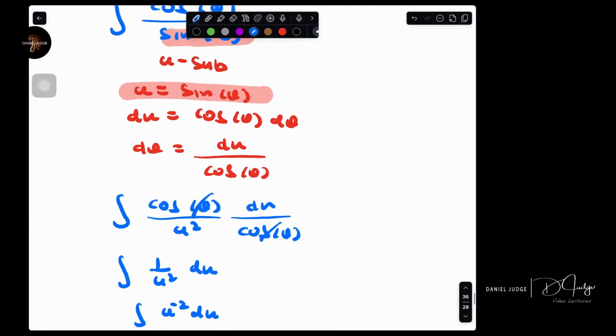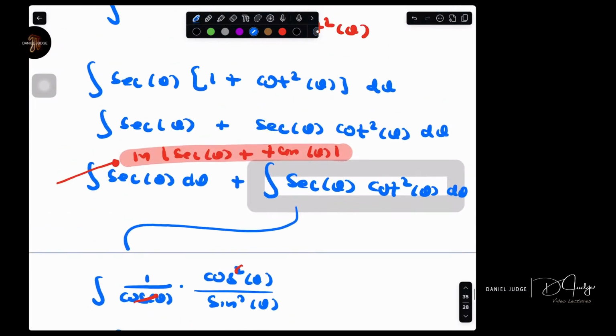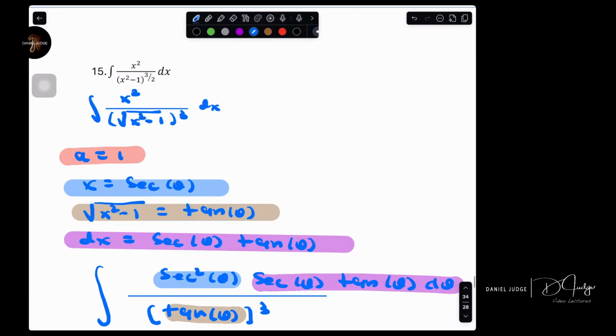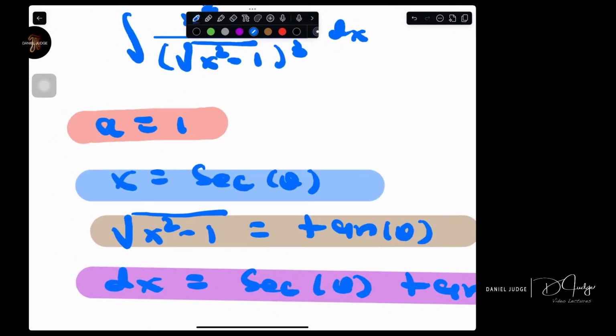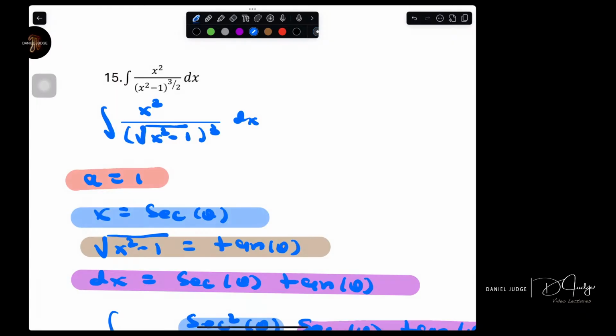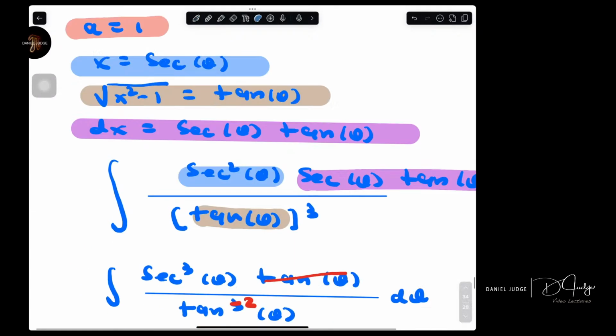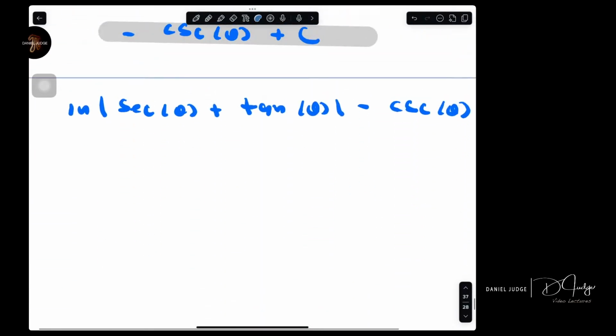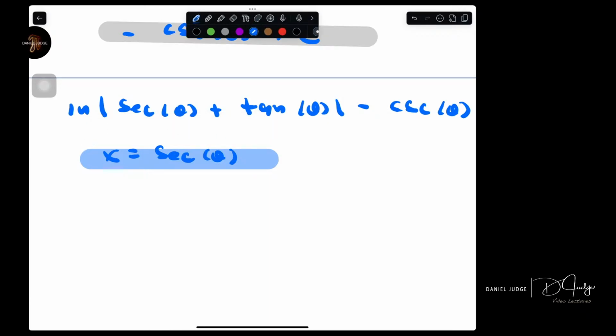So we integrated, and now we go all the way back to remember that x is secant theta, because we have to give our answer in terms of x. So that means this portion here is x.